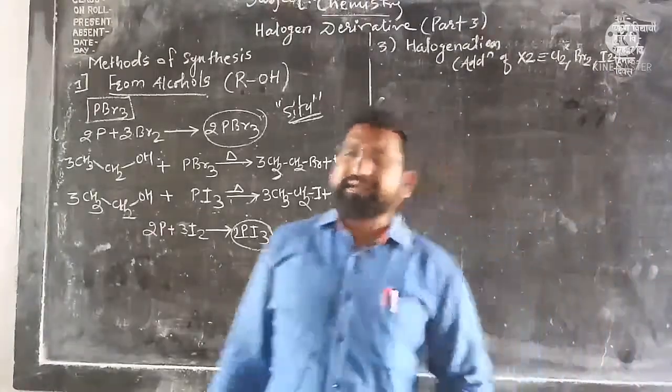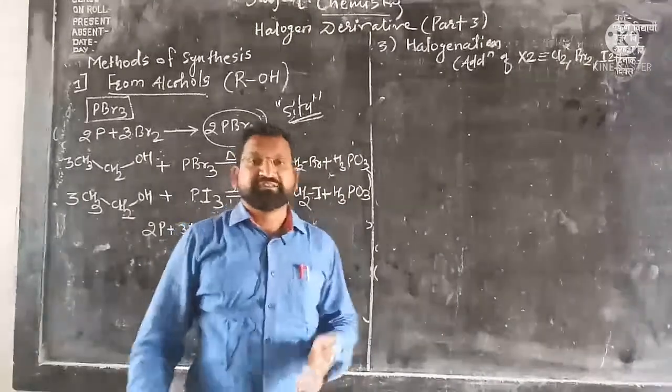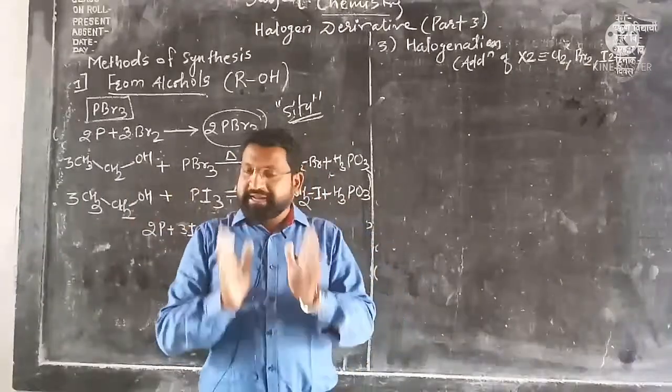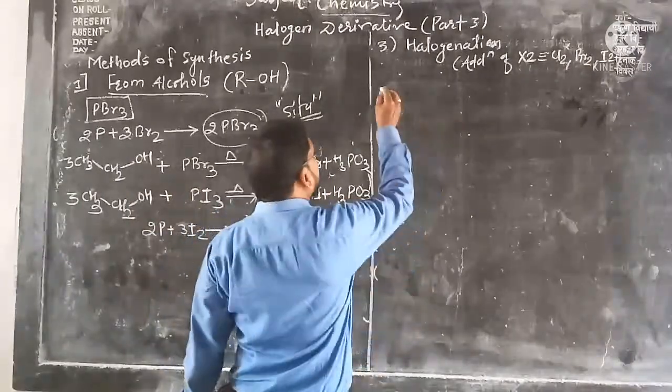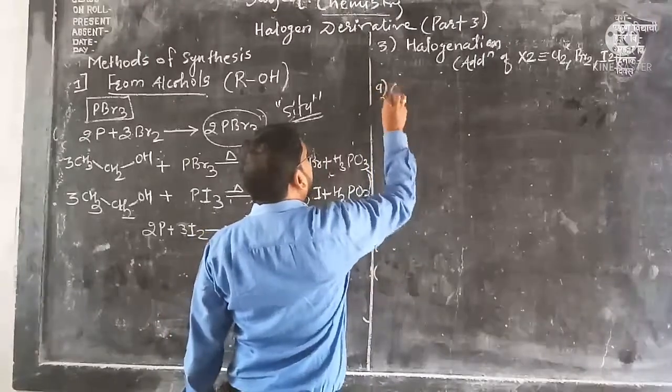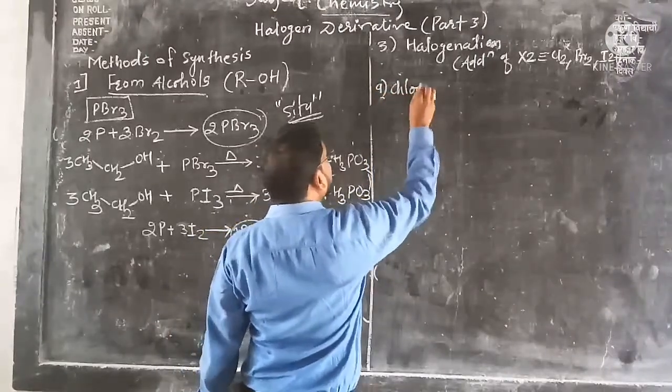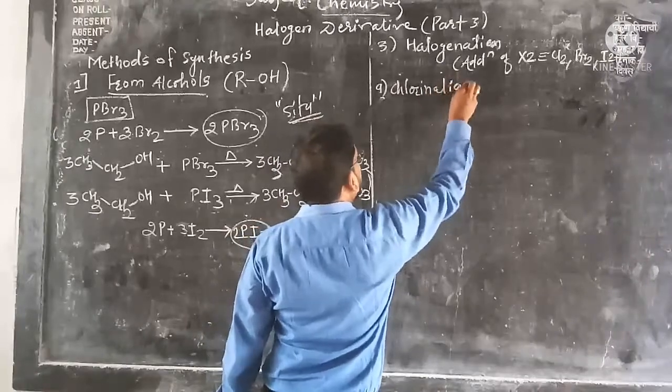Now these reactions require different conditions that you have to remember. Reactions are very easy. For example, let us write number A, halogenations, in that, chlorination of alkane.